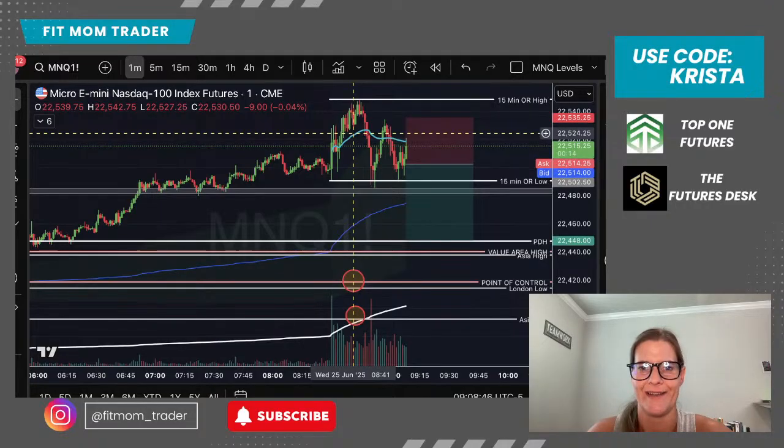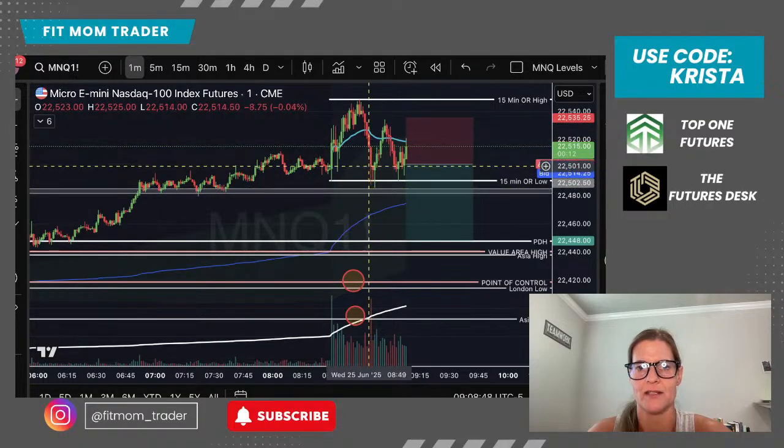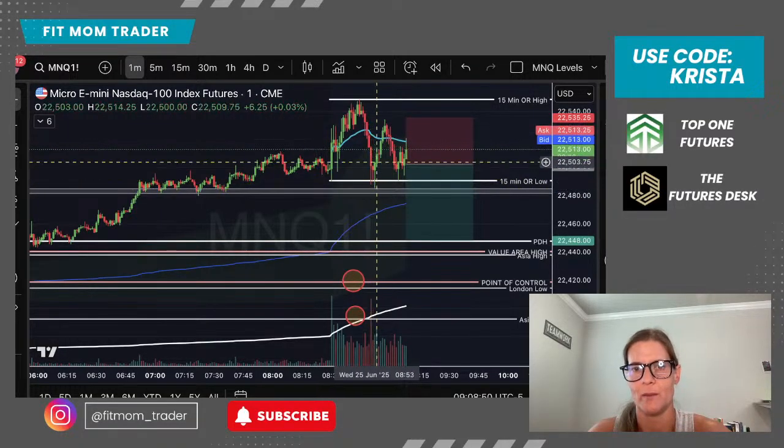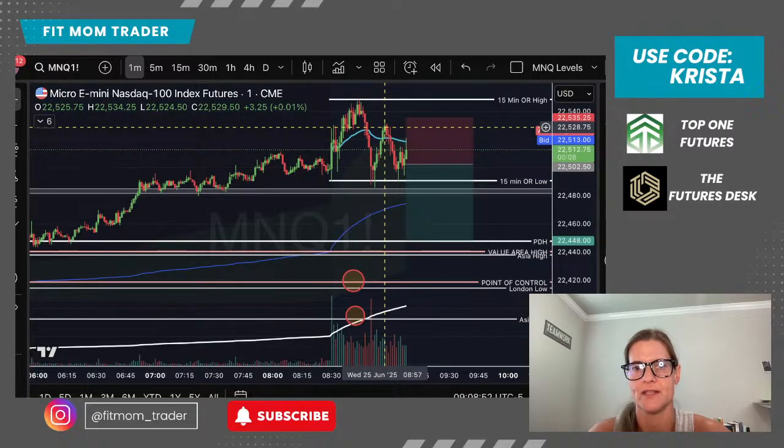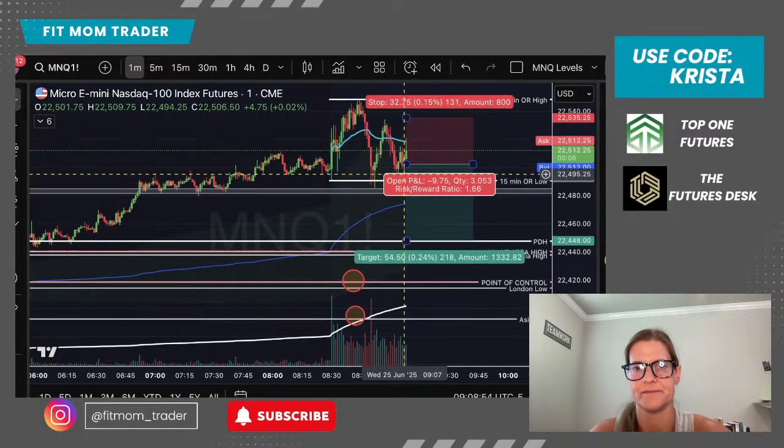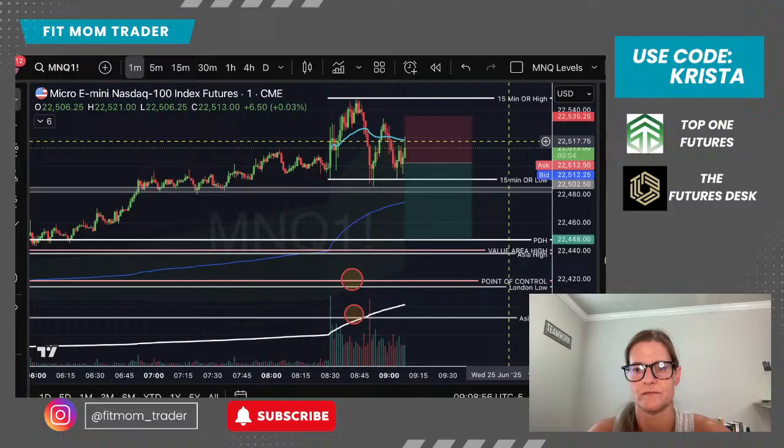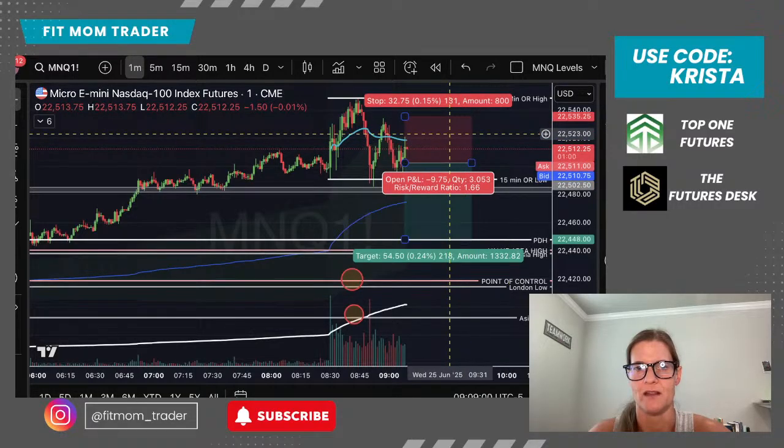And we did have that fake breakout to the downside and then a weak bounce, still continuing to reject. So that's why I'm taking this short.